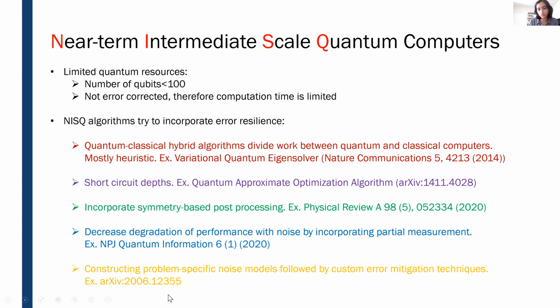I've found a lot of success with that. So when you have these NISQ computers, you really have to co-design the quantum algorithm with the machine in mind, and then you can get very cool results. So any questions on this?